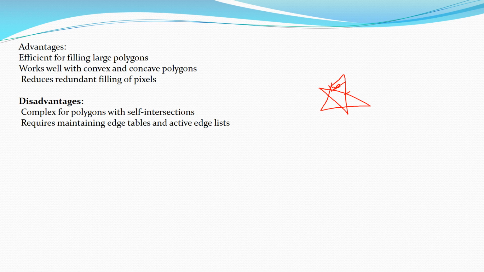If there are more, it will be time consuming because we are counting twice for each vertex, so we have to count more than, say, 7 as we pass through many vertices, which is time consuming. And it requires maintaining edge tables and an active edge list. These are the disadvantages of the scanline algorithm.